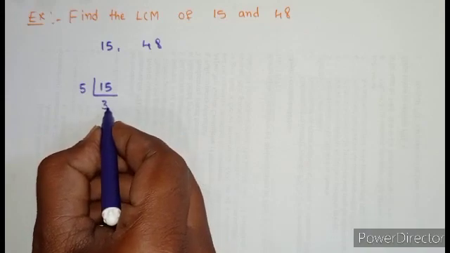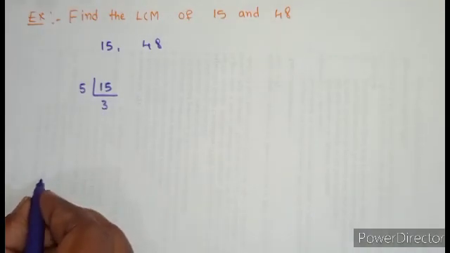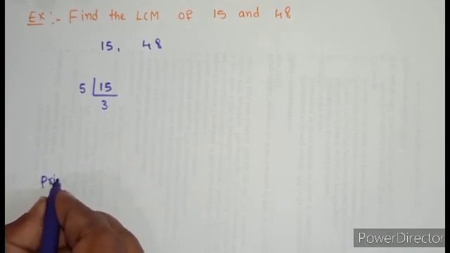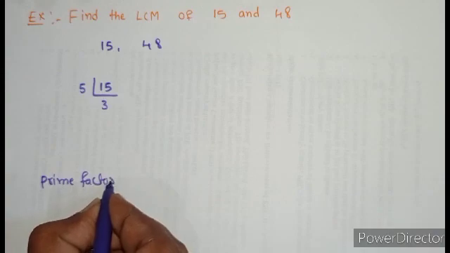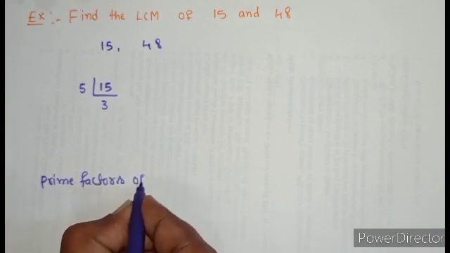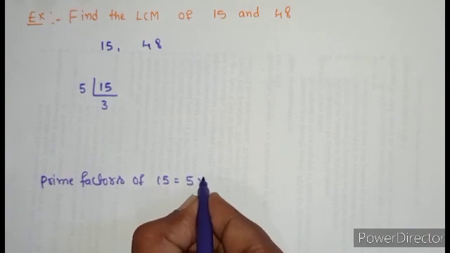So here 3 is the prime number, we can't continue, right? So prime factors of 15 is equal to 5 into 3.